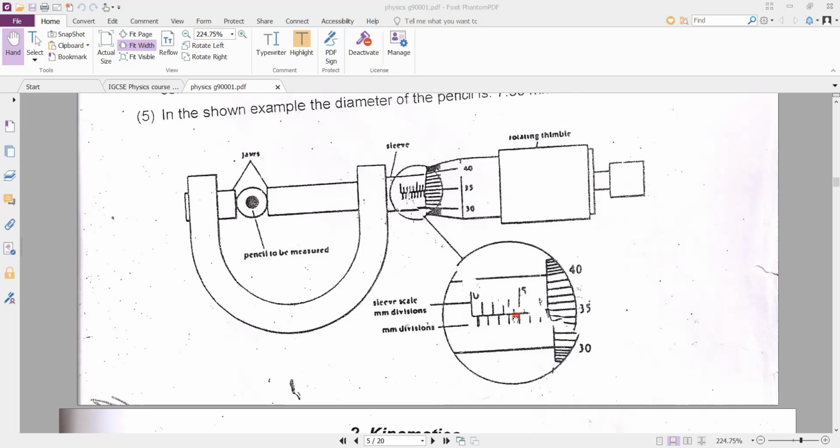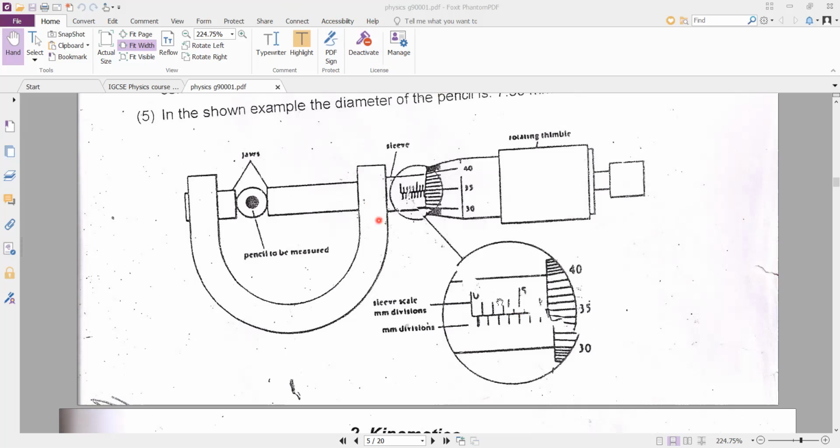Okay? See this example? Nobody there. Inshallah next time.